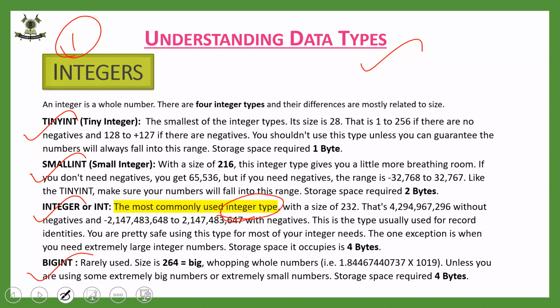All these data types are classified based on their size. In tiny int we have 1 byte, and small int occupies a storage space of 2 bytes. Similarly, integer has 4 bytes of storage space, and big int is above 4 bytes, right?